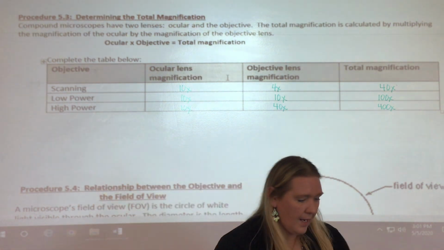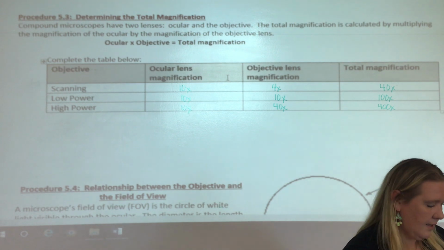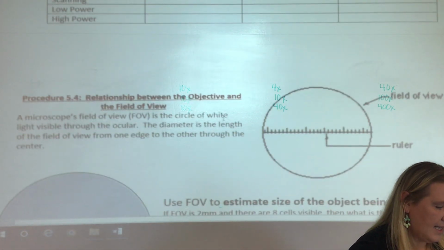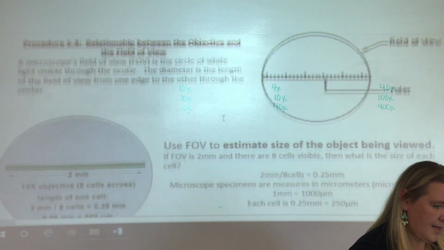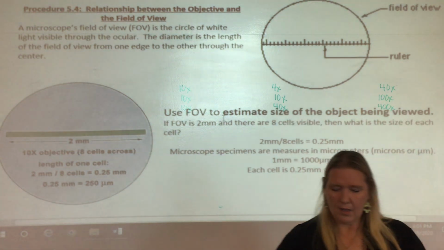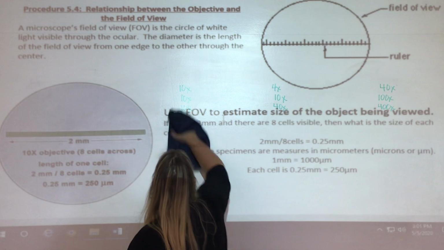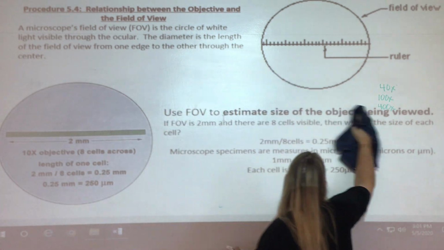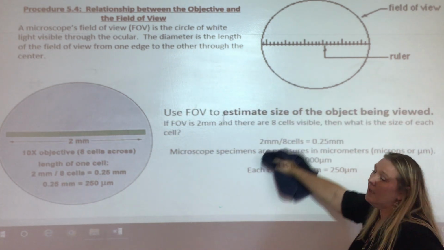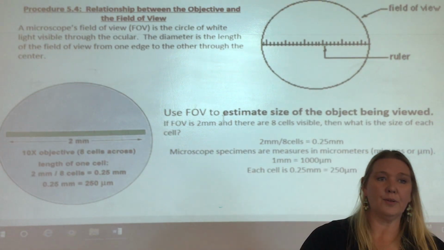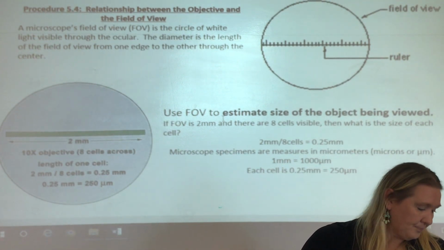All right, so now let's look at, I said it's going to look 10 times bigger, and I have this little section added in. Talking about the field of view, okay?